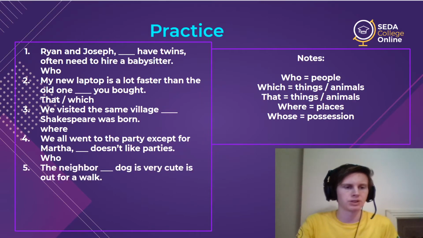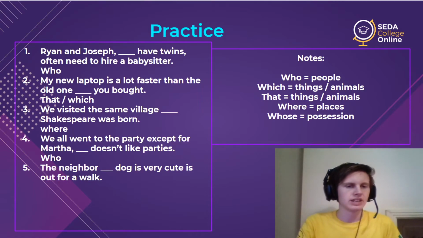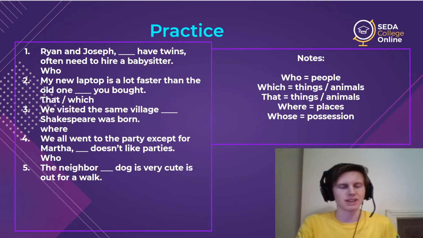Okay, next example, number 5. The neighbor dog is very cute, is out for a walk. Okay, this one's very important. You need to think about the relationship between the neighbor and the dog.